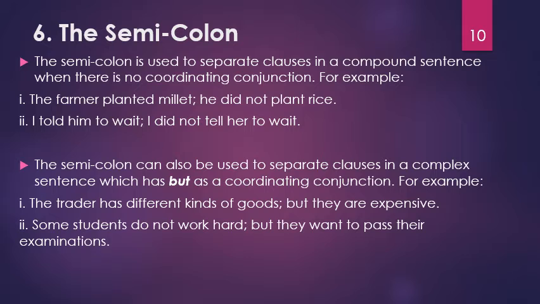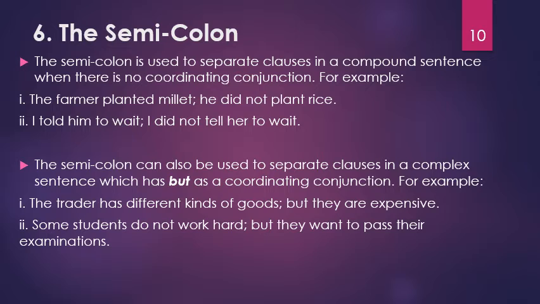I told him to wait; I did not tell him to wait. Here we see that the semicolon is used in place of a coordinating conjunction. We cannot use the semicolon and a coordinating conjunction at the same time. One is used in place of the other.